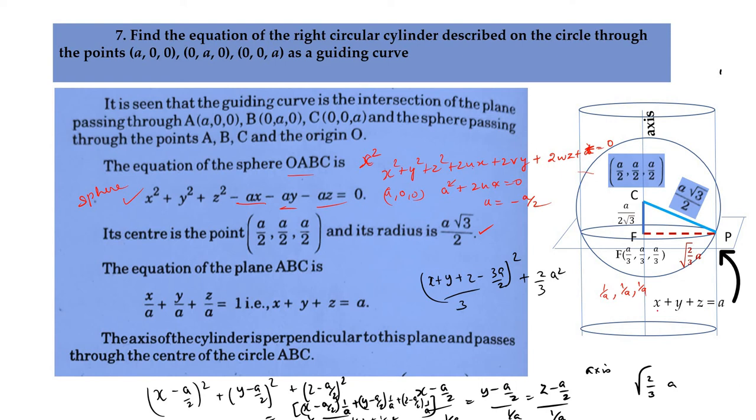That is, rewriting this as x by a plus y by a plus z by a equal to 1, we can easily see that the direction ratios of the normal are given by 1 by a, 1 by a, 1 by a. So a point is known, DRs are known, then we can write out CF.